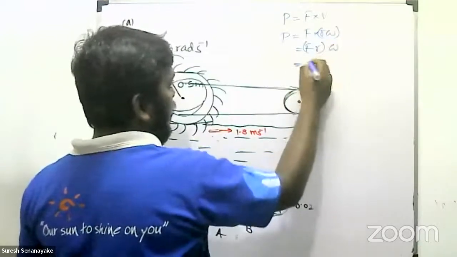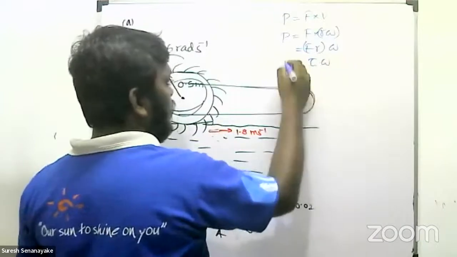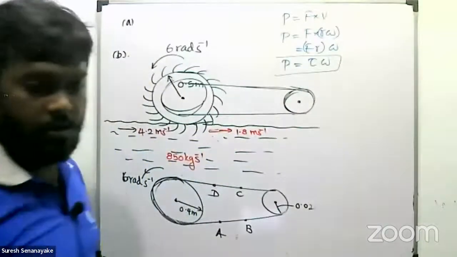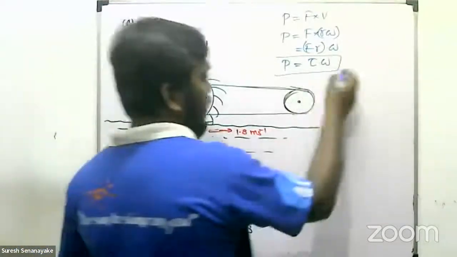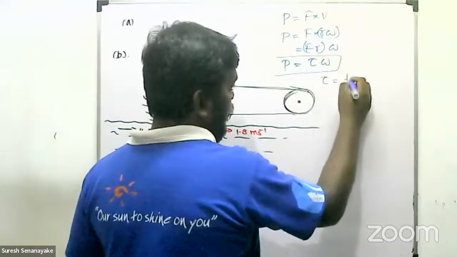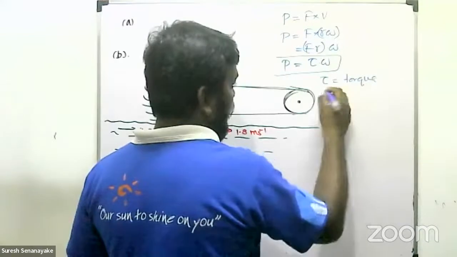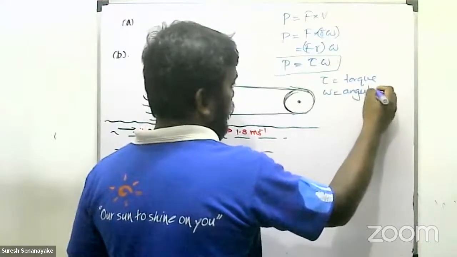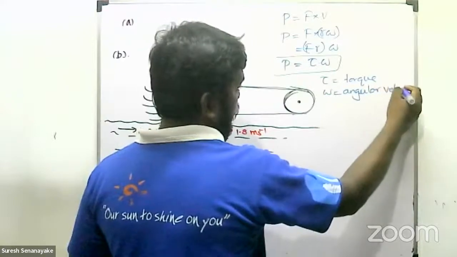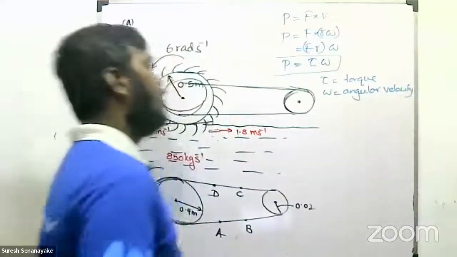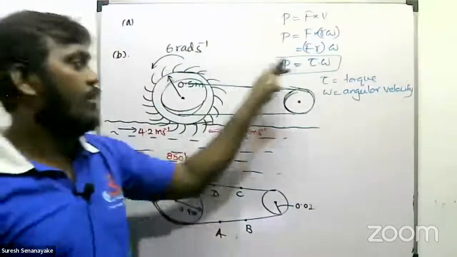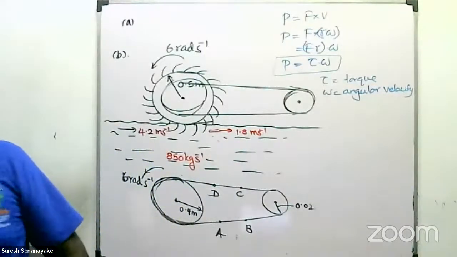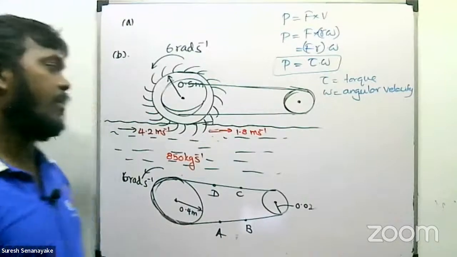So F r you can write as tau omega. So the power is given by the torque: P equals tau omega, where tau is the torque, omega is the angular velocity, and P is the power. That is the power in rotational motion. This is the first part.